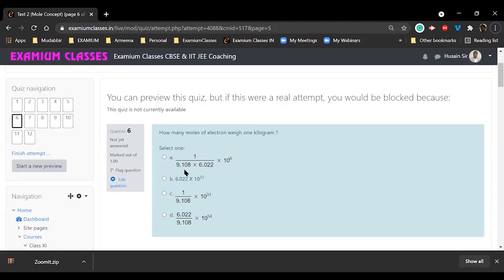In this case, the first one will be the correct option. The options are also jumbled in your paper. If questions were jumbled, options are anyway jumbled. A, B, C, D, it might be D in your case or C in your case, but here A is the correct answer.